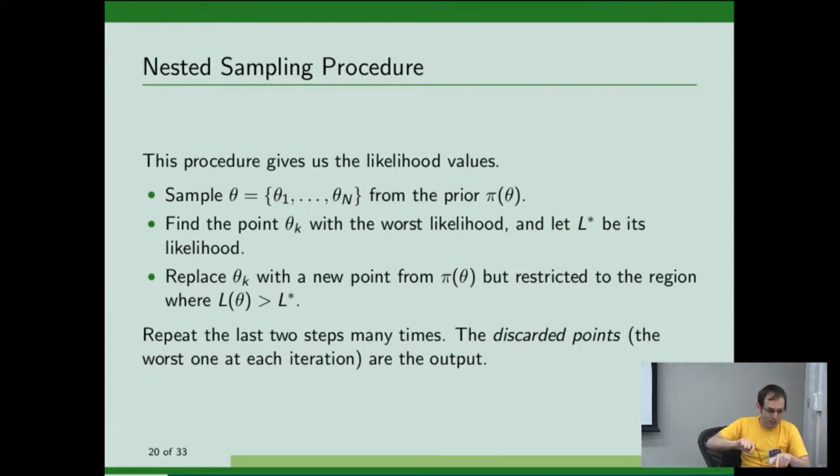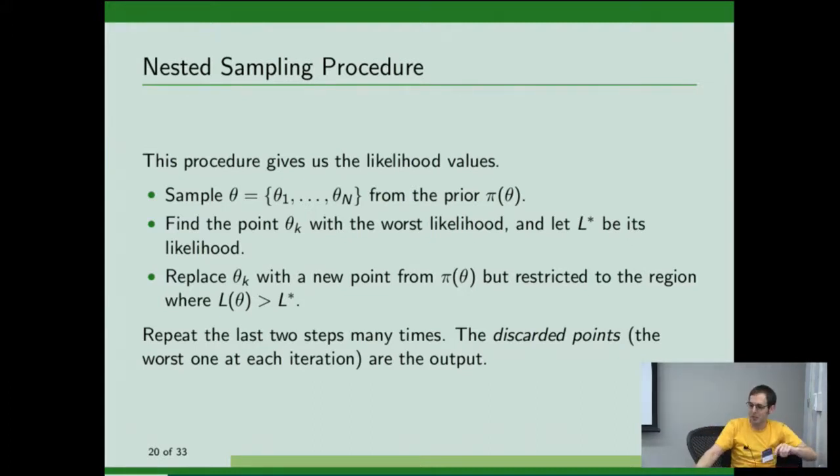But what you do is you find the worst one, the lowest likelihood, the least good fit, and you measure its likelihood. You call that L star. So say n was 100. You're generating 100 points from the prior, and you're finding the worst one. Therefore, you know that at least roughly, the fraction of prior probability, or the fraction of the volume that beats that likelihood, is 99%, because you had 100 particles.